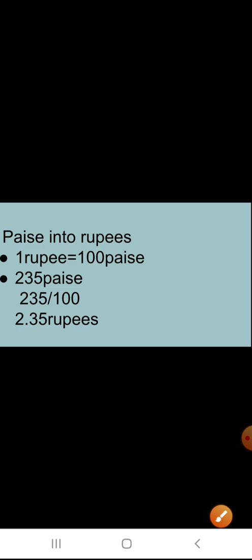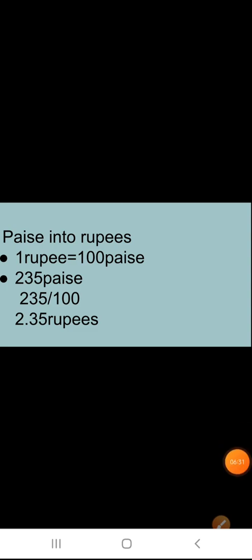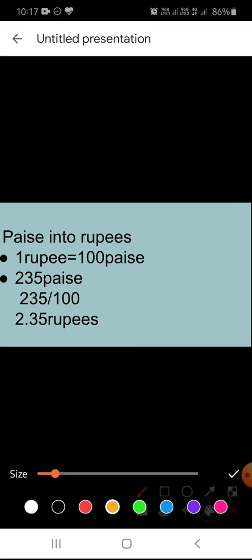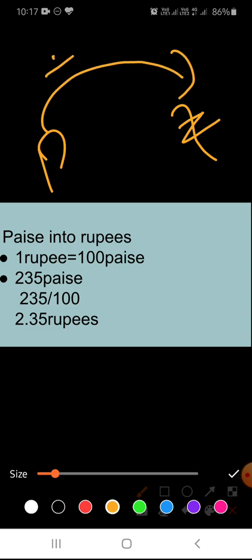Now similarly you can convert paisa into rupees and rupees into paisa. It's the same way, because we know 1 rupee is equal to 100 paisa. So if we have to convert 235 paisa into rupees, what will you do? We know paisa is a smaller unit and rupees is a bigger unit. So paisa to rupees we will do the division, and rupees to paisa we will do the multiplication.